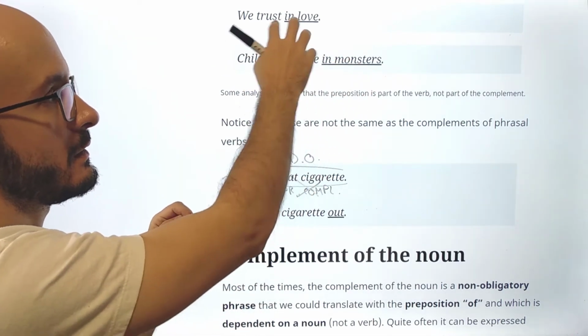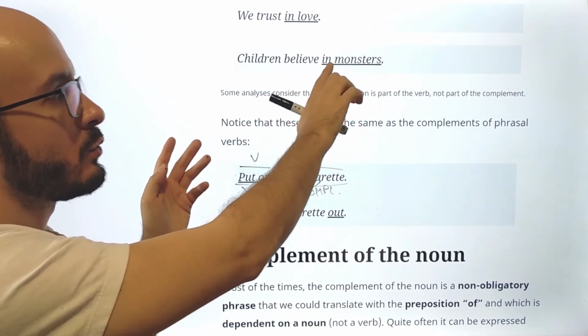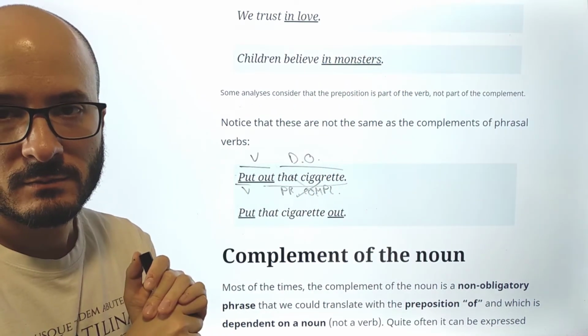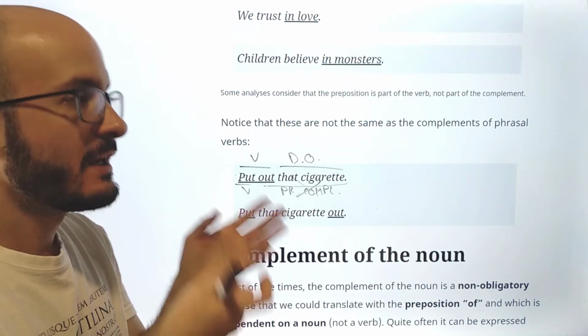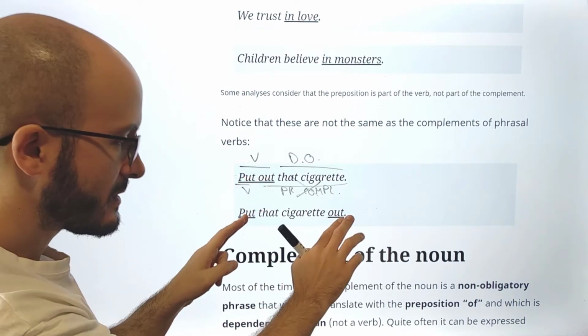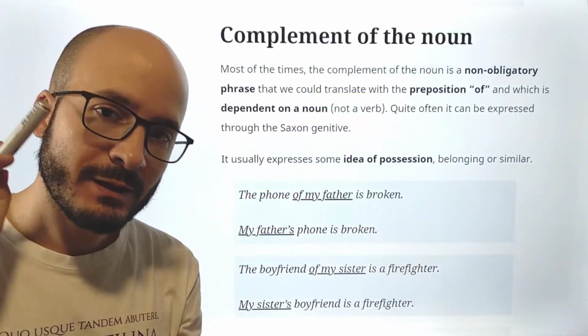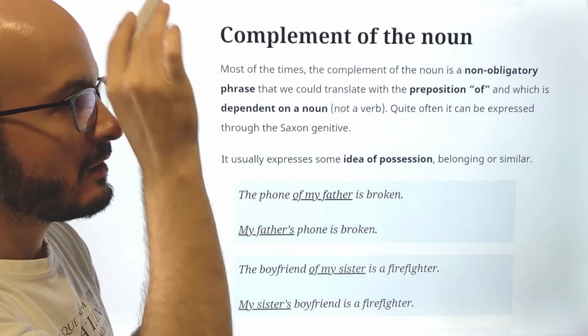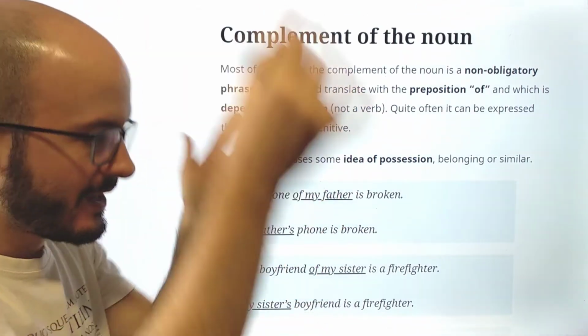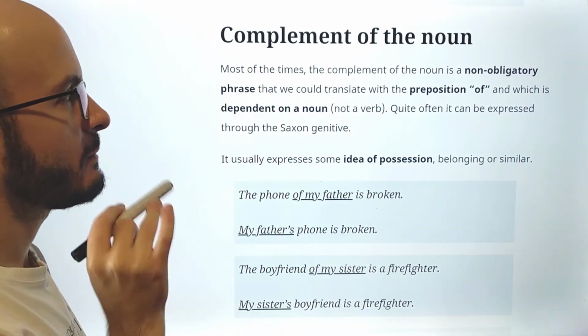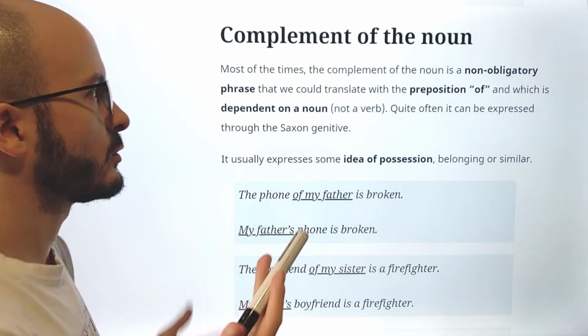And here, it's a normal verb with a prepositional complement. The main difference is that here we can separate, and here we cannot separate. And last, the complement of the noun. Again, you can find it with other names. I call it complement of the noun because it's quite clear what it means.